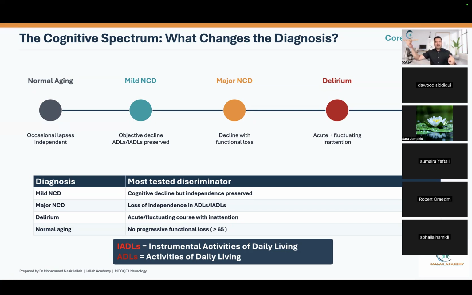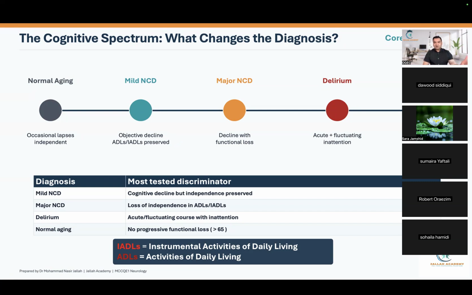We don't know where we left the key or something, which is normal based on age, right? Usually after 60, people tend to develop a little bit of memory problem, which is normal based on their age.